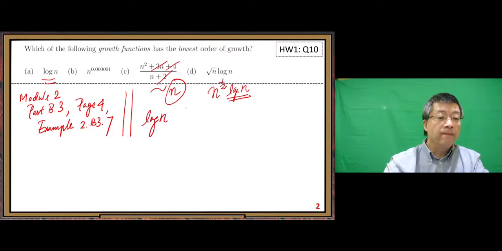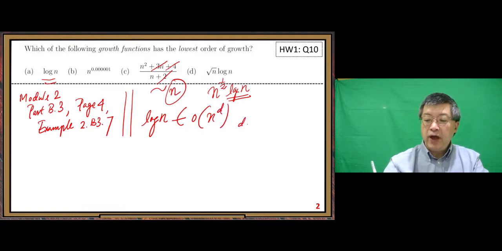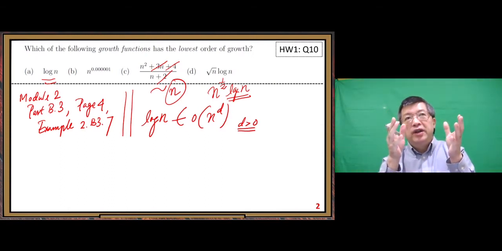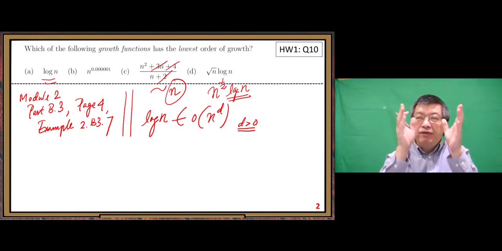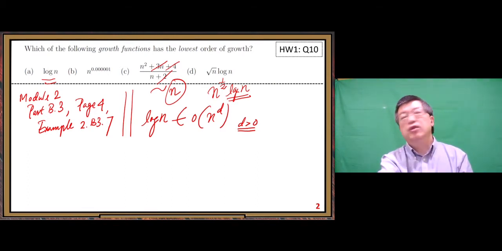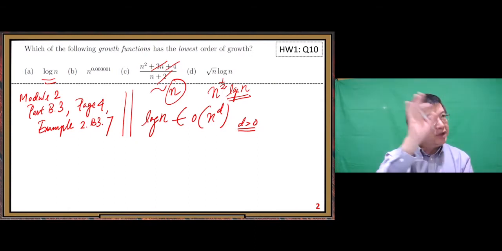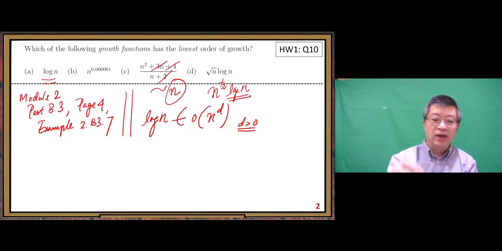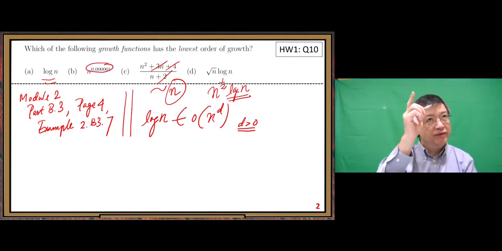In that one, we prove this result: log of n belongs to little o of n to the d for any d greater than 0. D is just a positive constant number, no matter what. It is positive. Now, the critical point, you need to really pay attention. Is this number positive?